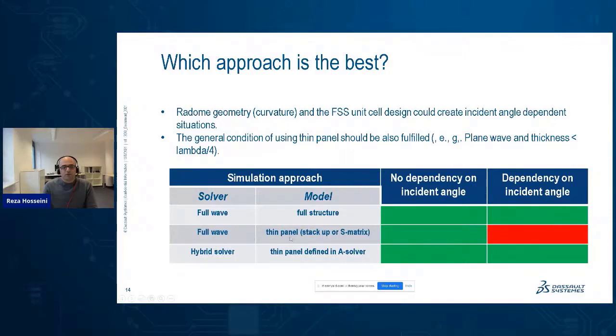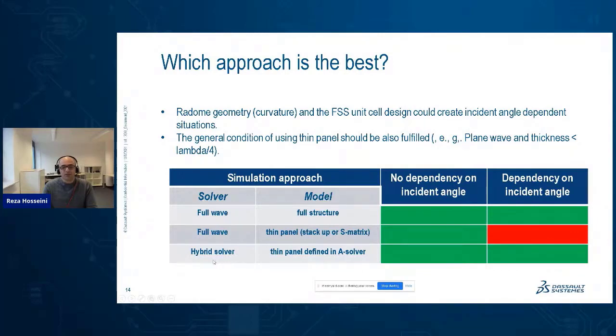When we're using the full wave and SimPanel with the stack up or its matrix, the red color means that we need to take care. We need to be cautious about the result of the simulation when the dependency on incident angle is there.